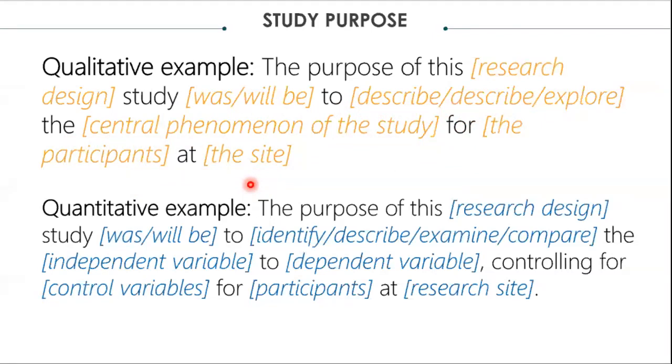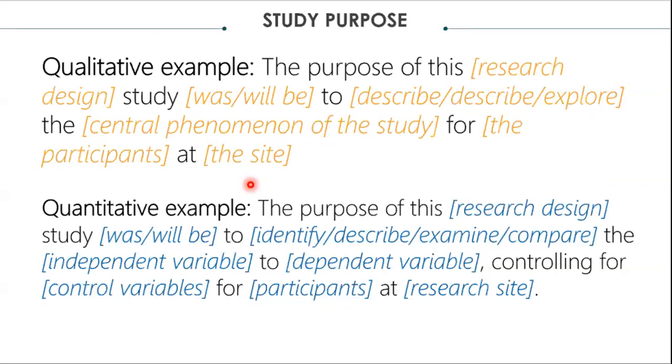Now, if you're doing a quantitative study, it's going to be a little bit different because, of course, the research designs that you plug in will be different, and the language around a quantitative purpose statement is also different. Whereas in qualitative studies, we want to describe, explore, develop theories, and get at people's perceptions and feelings, in a quantitative study you are going to be a little more specific because you're doing some hypothesis testing.